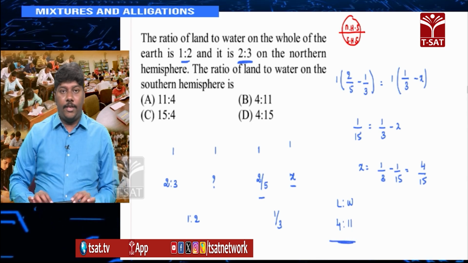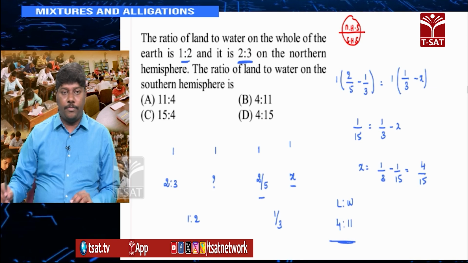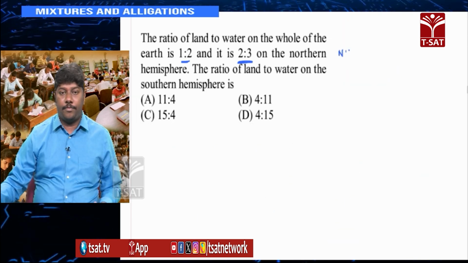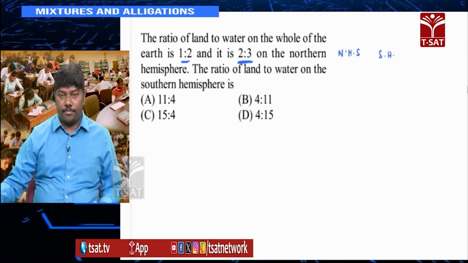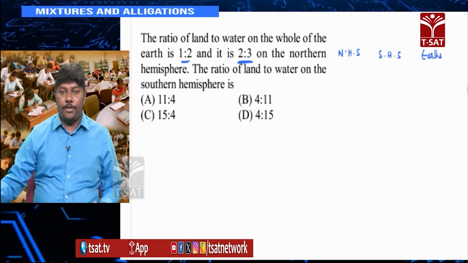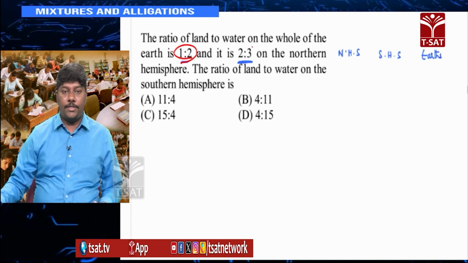Here I am finding A2. Another way of finding A2 is by using values. I take northern hemisphere, southern hemisphere and the whole earth. Assume the values for ratios. Look at the ratios given: 3 parts, 5 parts.